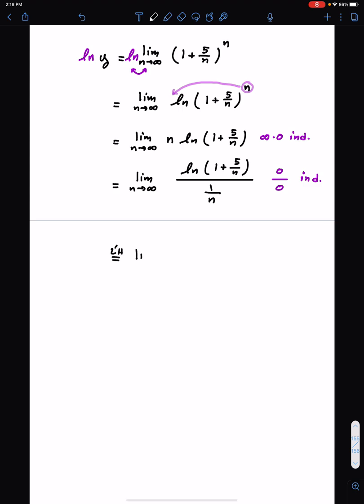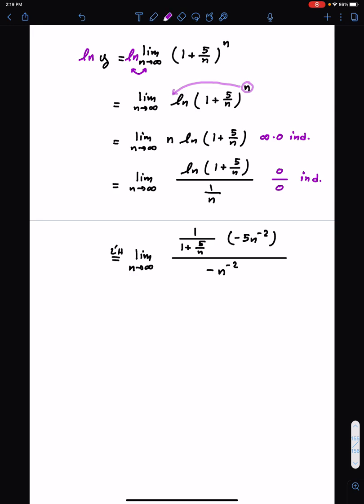So this is equal to the limit as n approaches infinity. The derivative of the numerator is 1 over 1 plus 5 over n times the derivative of the inner function, negative 5 n to the negative 2, divided by the derivative of the denominator, which is negative n to the negative 2 power.